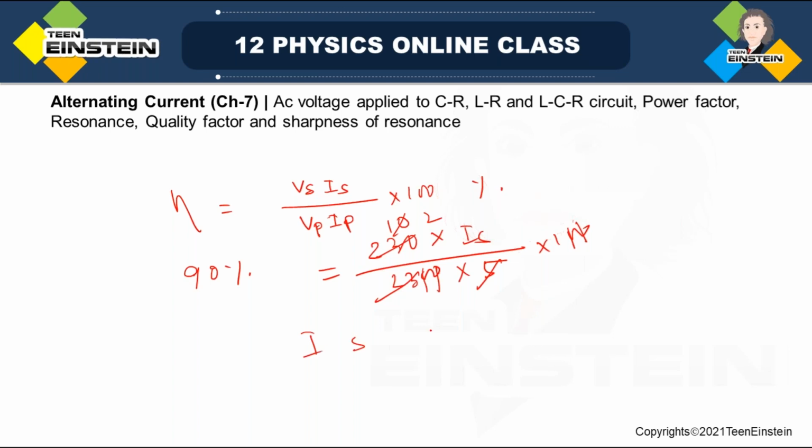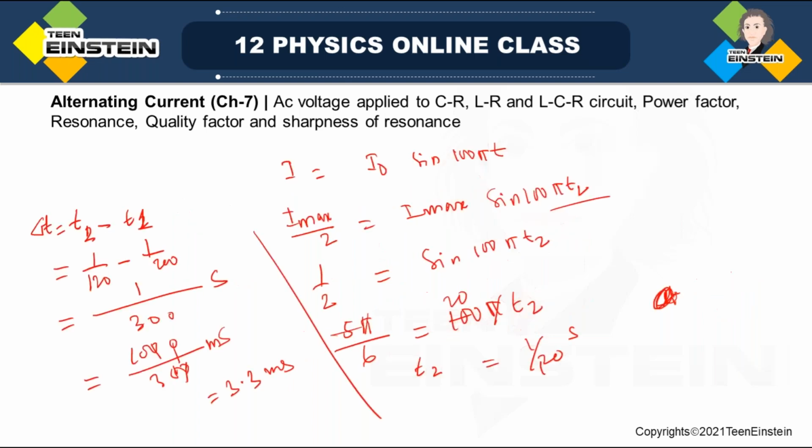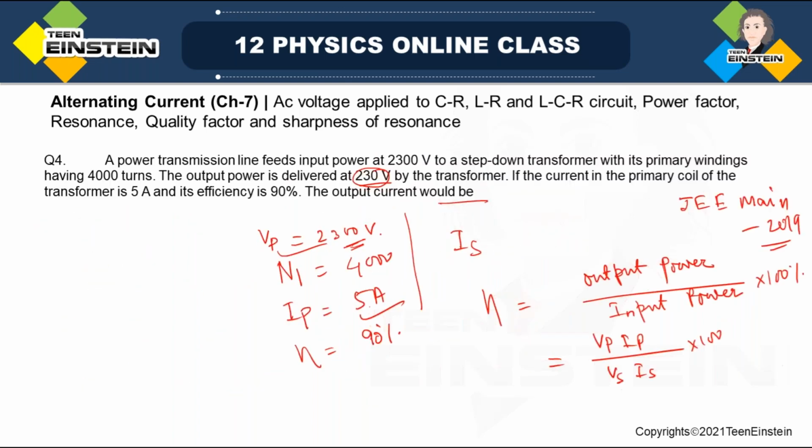So IS will be 90, the percentage from both sides goes off, and this is in ampere. So 45 ampere will be the current in the output.